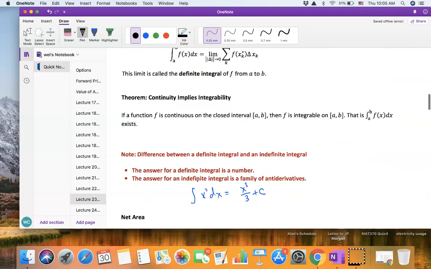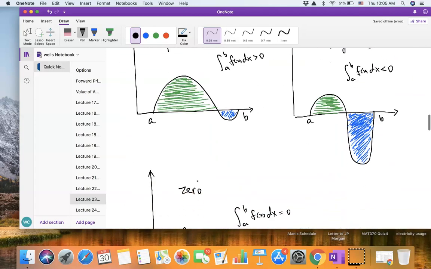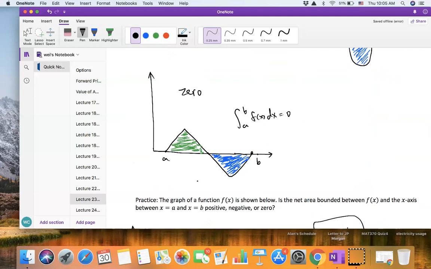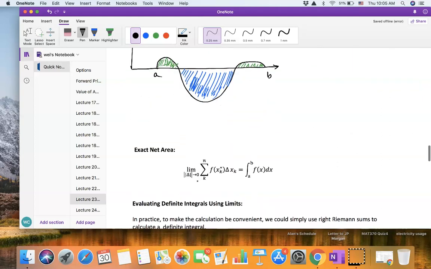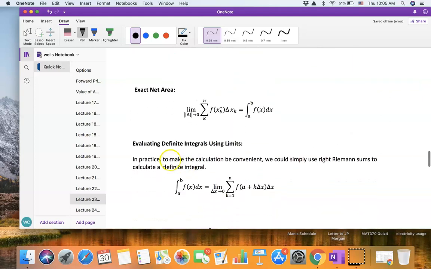Therefore, if the function is continuous, if the function satisfies the condition, if the function is integrable, then in practice we just use either the right Riemann sums or left Riemann sums to calculate a definite integral.